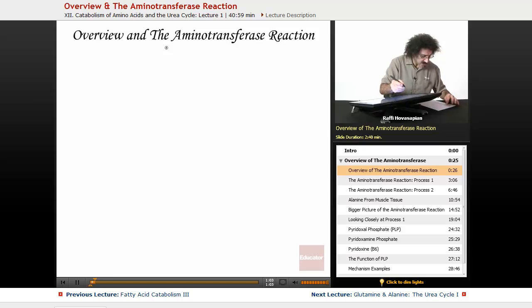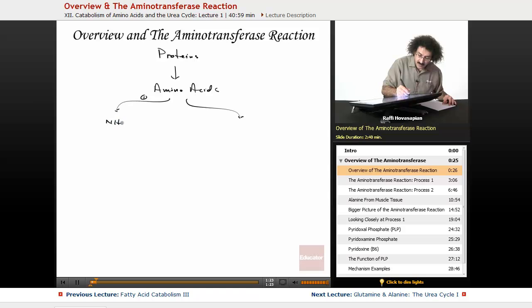So just a quick breakdown here. We have our proteins from whichever source, and of course they're going to be broken down into amino acids. And so for the amino acids, there's one pathway. This is the other pathway here. This becomes NH4 plus.